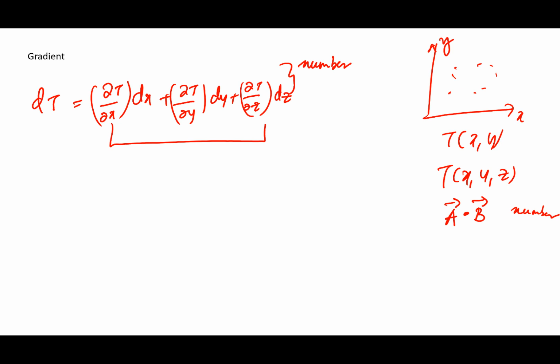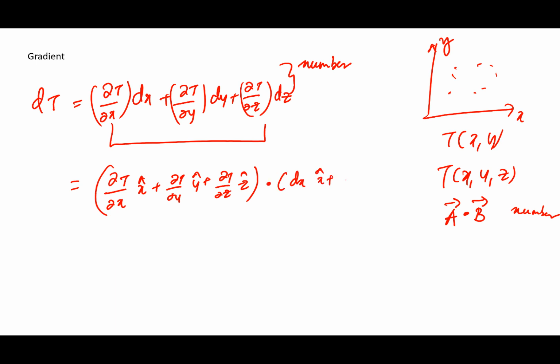So we're going to take this and split it into two vectors by writing this as dou T by dou x along x plus dou T by dou y along y plus dou T by dou z along z, dot product with dx x plus dy y plus dz z. We're going to call this dl.